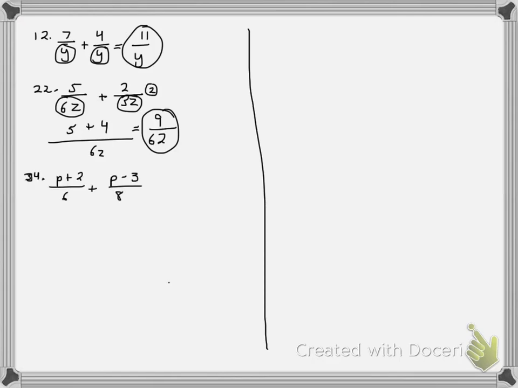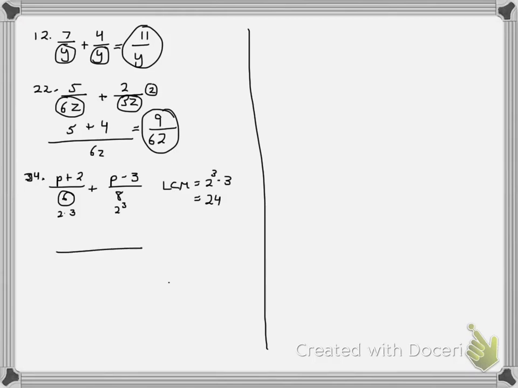My least common denominator, let's see, this one is going to be 2 times 3, and this one is going to be 2 to the third. So my least common multiple will be 2 to the third times 3. That will be 8 times 3, or 24.